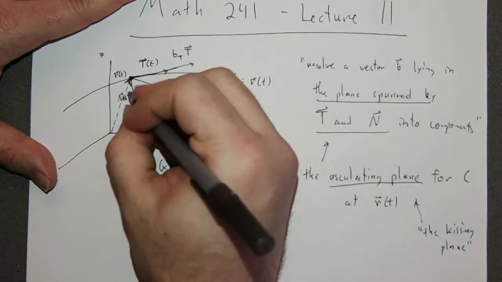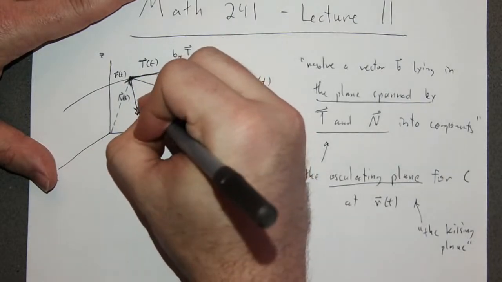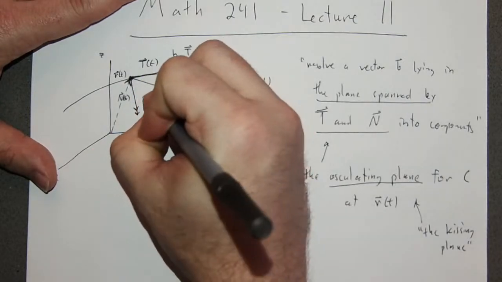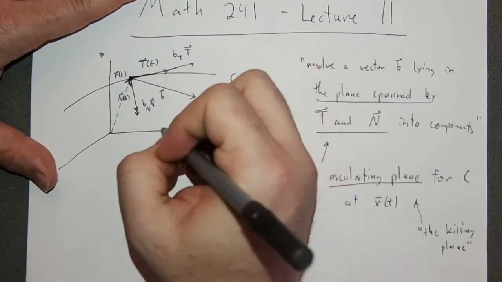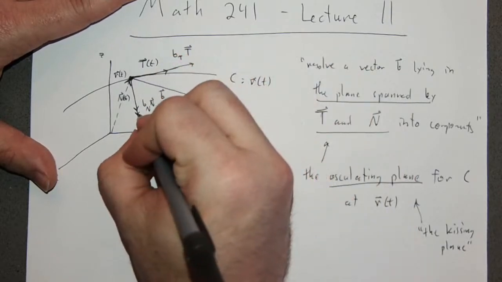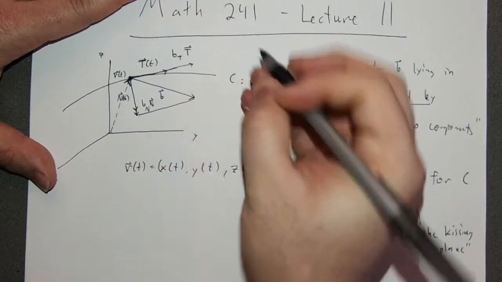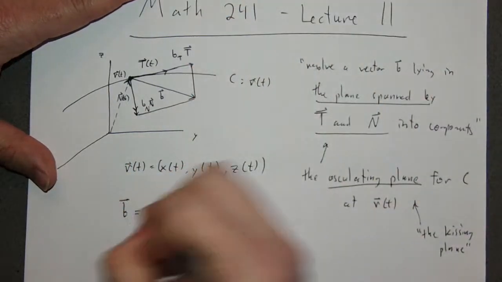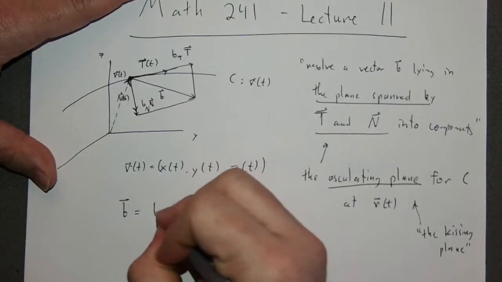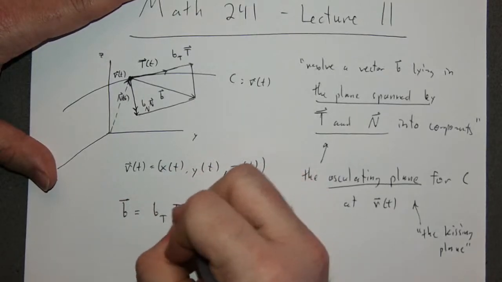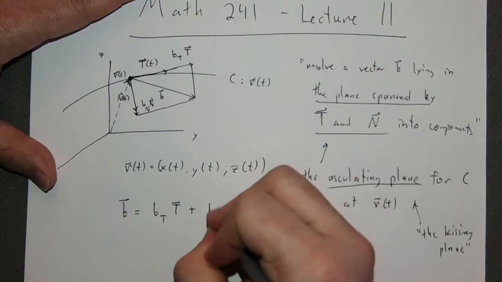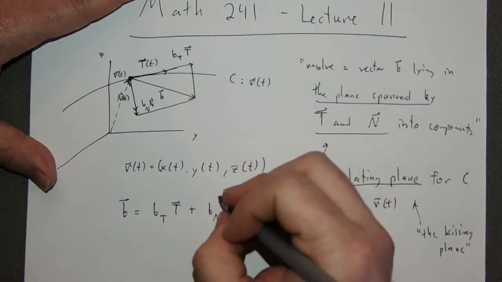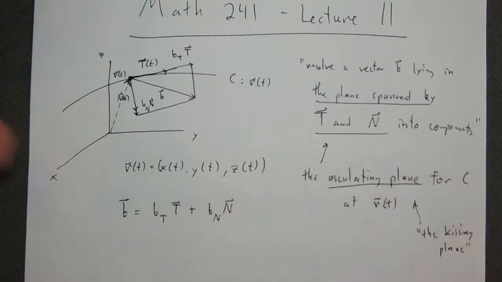So there's some other scaled version of my normal vector. I'll call that b sub n times N, such that when I sum those two vectors, what I get is b. So b is equal to this coefficient b sub t times the tangent vector plus b sub n times the normal vector.